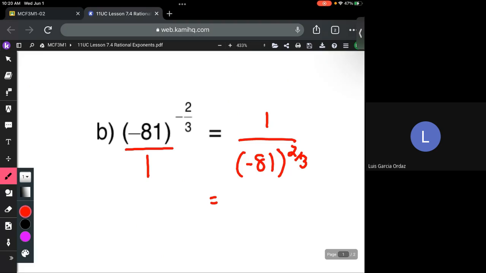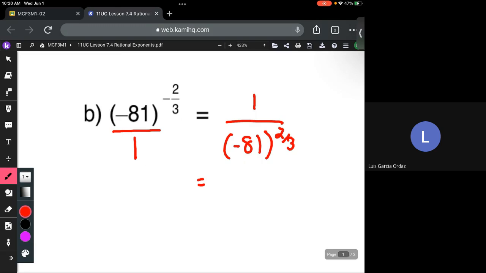So how do I change that into a root? So you're going to have 1 over the cubic root of negative 81 to the power of 2.